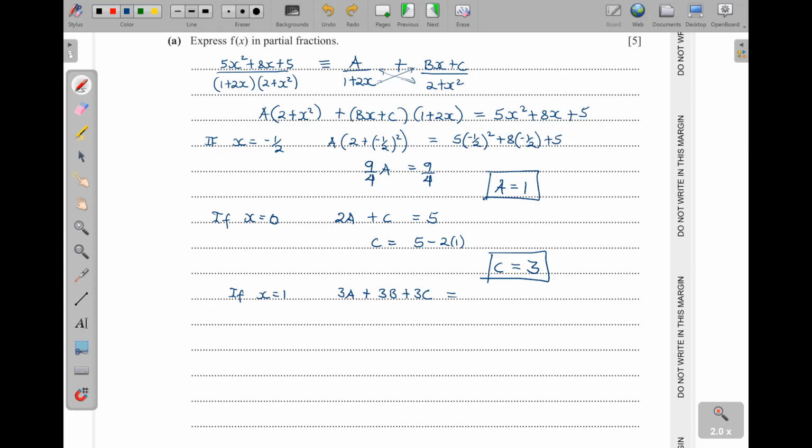So we shall equate to 18. When you divide all through by 3, you get A plus B plus C, which is equal to 6, right?